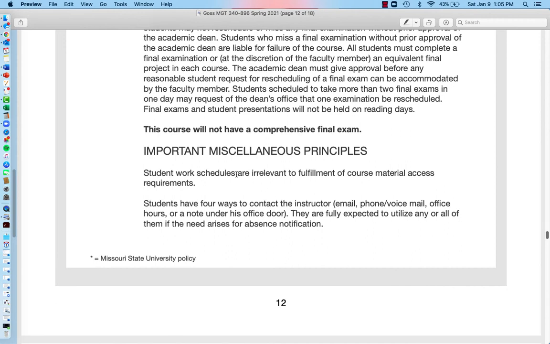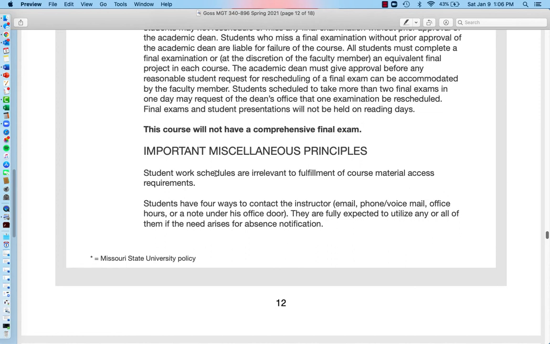Let me stop and say a quick word about work schedules. Work is very important. Many of you taking this course are probably working full-time. Some of you are working part-time, and I applaud and approve all of you for that. You need to. It's important not just for the money, but also for the experience and the learning. However, the fact that you've signed up for this class does not mean that you can postpone it or bump it to the bottom of your priority list just because of work.